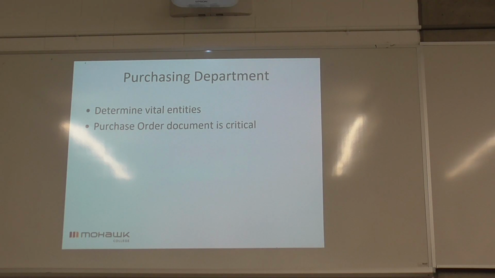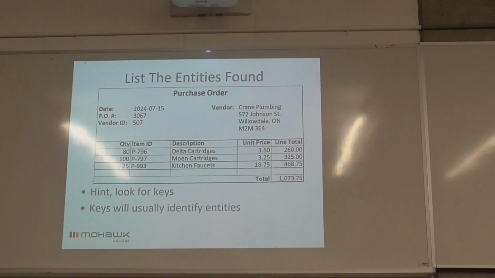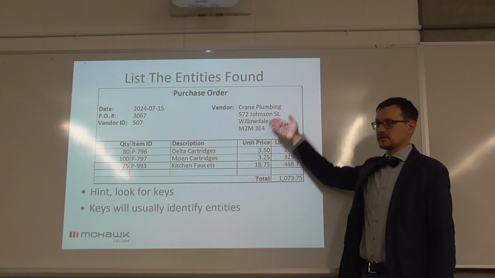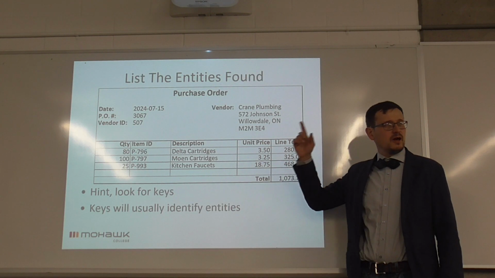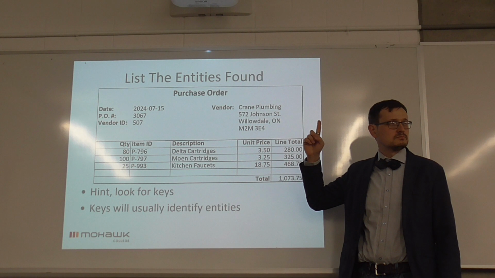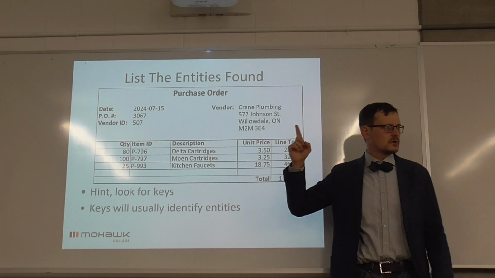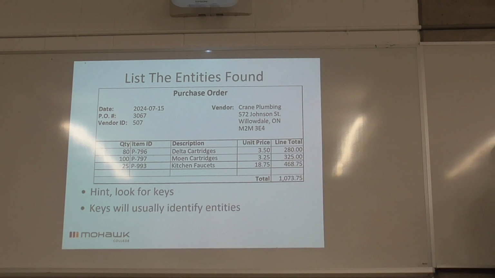So, let's take a look at their purchase orders, right? How many people have ever seen a purchase order? Good, a few of you. This is probably a simplified version of the sorts of things that you see. So important information is located here.